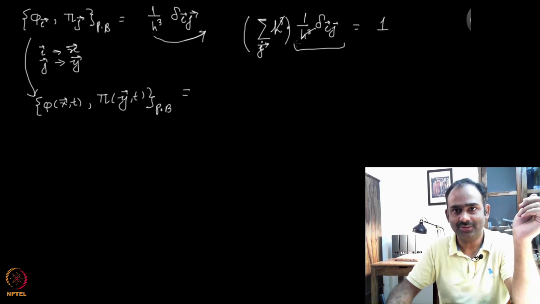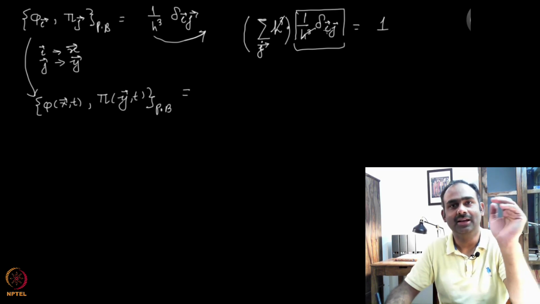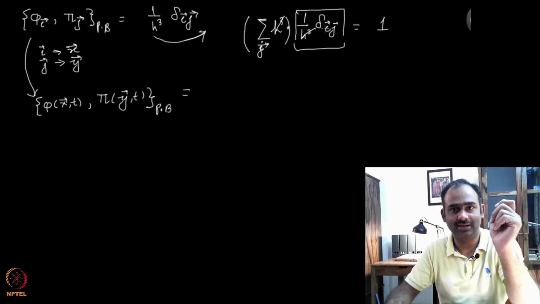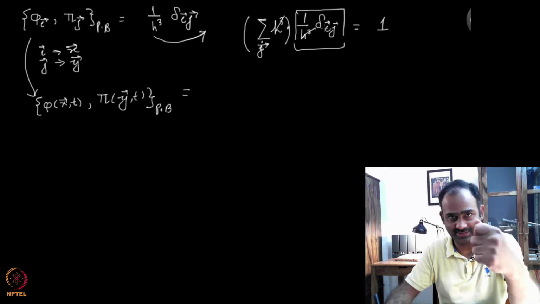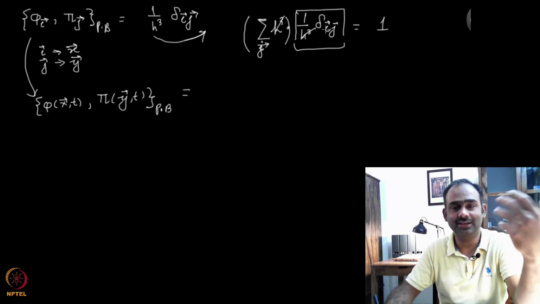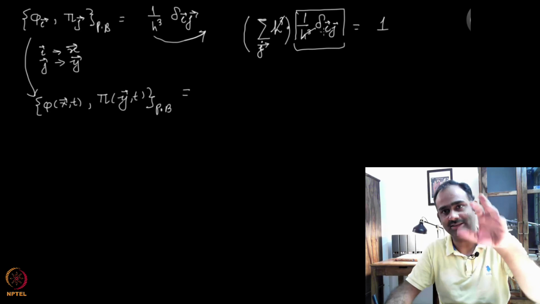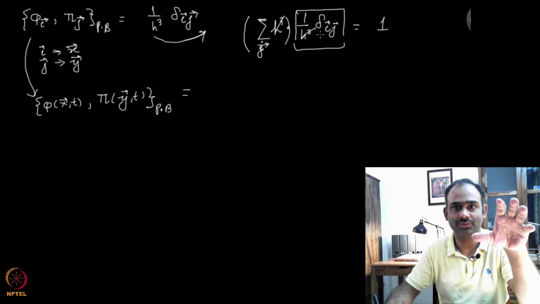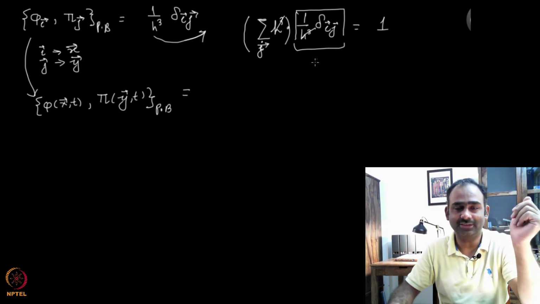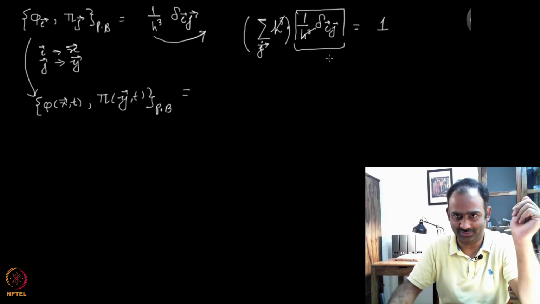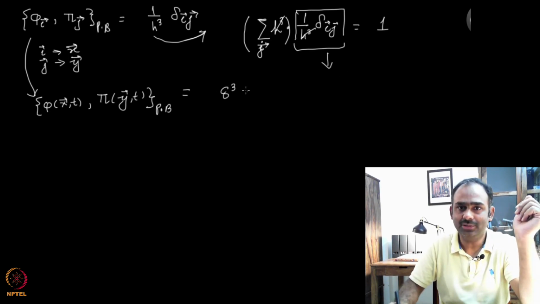So this quantity which you have here in this box is something which is 0 unless x and y are the same, and it integrates over, because I am summing over all the cells, to 1, which is what a delta function is, the Dirac delta function. So clearly this quantity goes over to δ³(x−y). Okay.